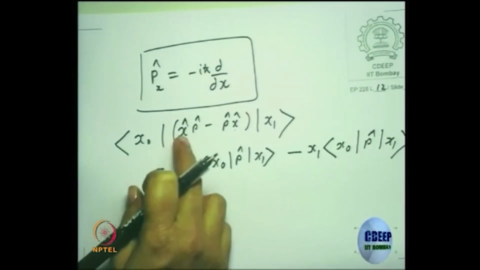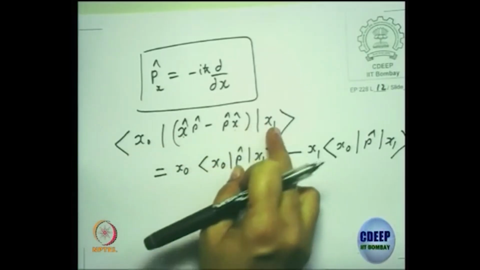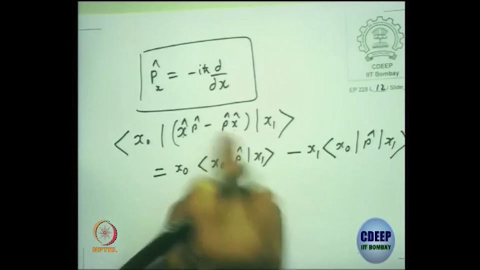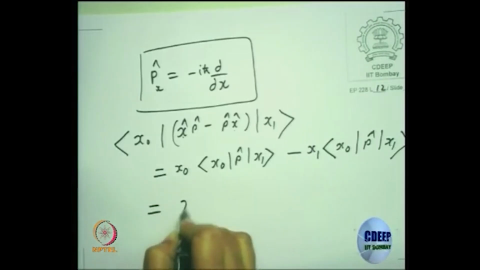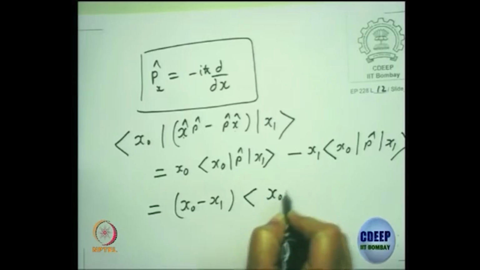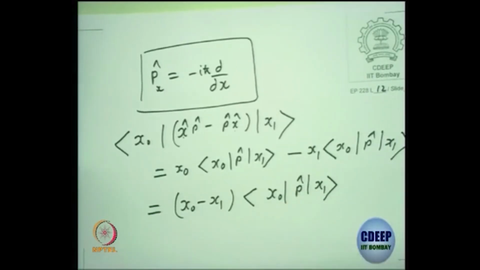The extreme left hits the x0, the extreme right operator hits the x1. So the second term already has a minus sign. So this is what you will get. Simplify this, it is x0 minus x1 times the matrix element of the p operator in the position basis. Steps clear to you?